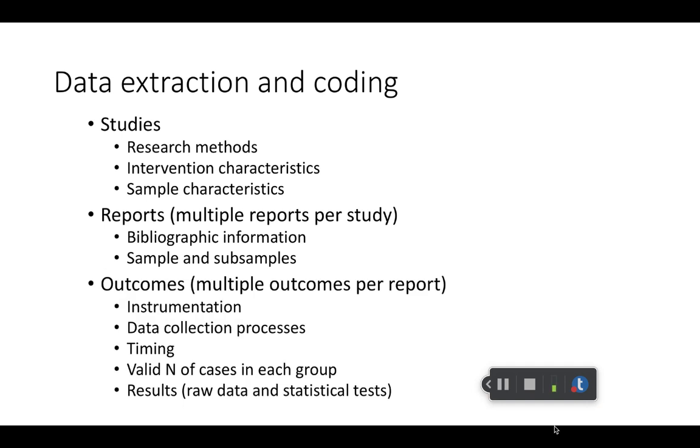And then for each outcome in each study, and we had multiple outcomes in each report, we collected information on how the outcome was measured, what was the instrumentation, what measurement was used, when the data were collected and by whom, how many cases provided valid data on each measure, and what the results were. So we collected the raw data and data on statistical analyses.